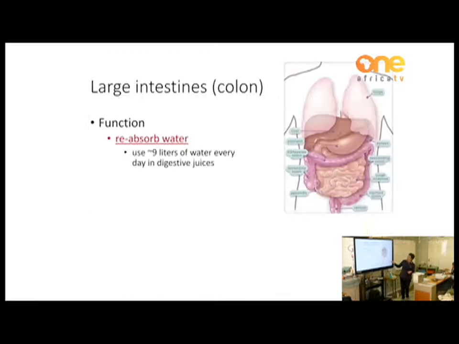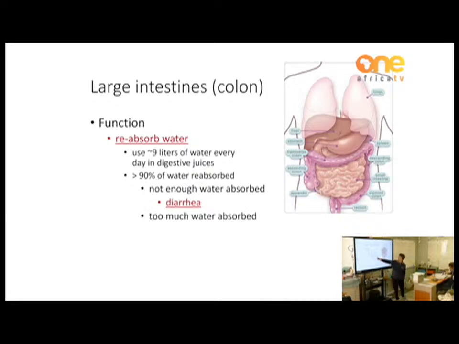So there we see the function of the large intestine, reabsorb water. If you do not absorb enough water, it leads to diarrhea. If you absorb too much water, then the feces is very hard and you become constipated. So that is why we take in what? What do we take in to prevent constipation?